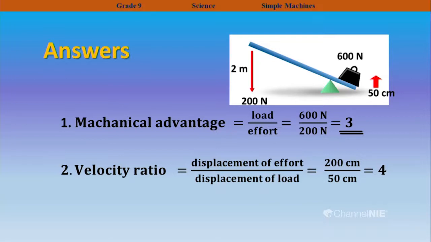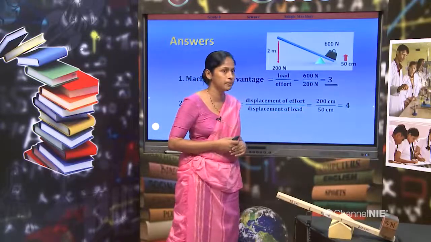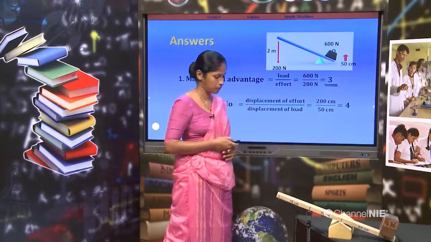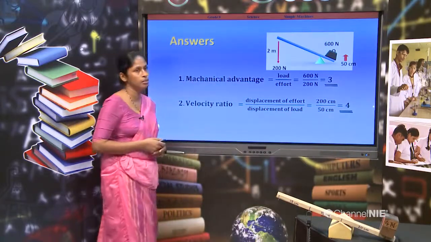Children, you can also use this kind of small trick when you are doing your calculations. 200 divided by 50, that is 4. Velocity ratio is 4.